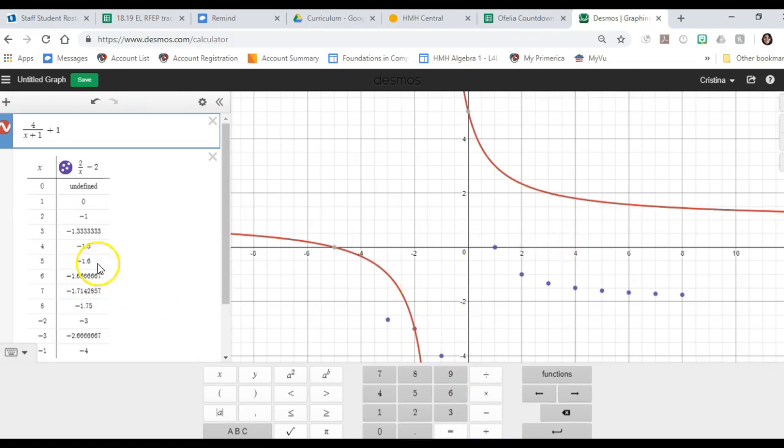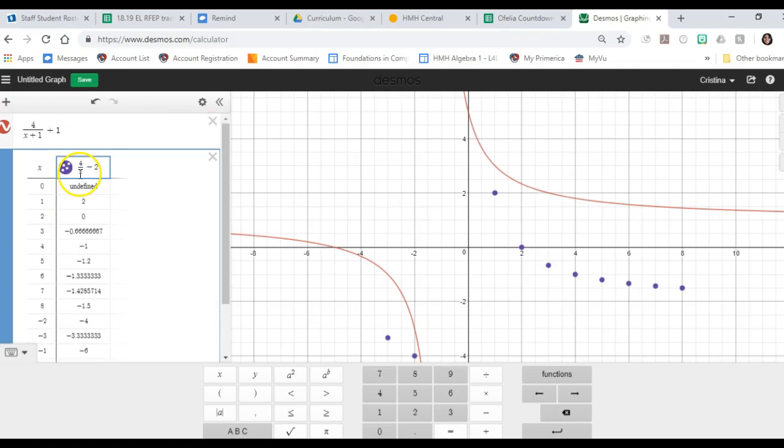As you can see, my graph did move, so I'm going to go ahead and change also my table. So that's going to be 4 over x plus 1 plus 1. And by just changing the equation, I change my values here too.